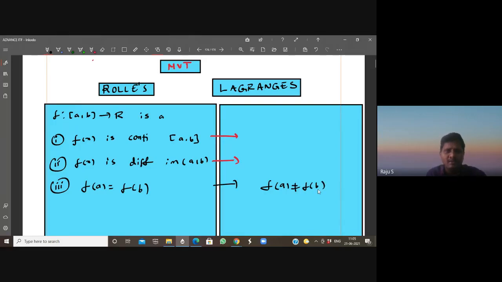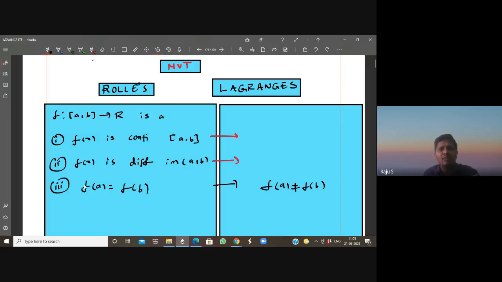Coming to the three points: first, continuous in closed interval; second, differentiable in open interval. The third condition in Rolle's is that at a and b the values of the function coincide. But in Lagrange's, at a and b, the values of the function need not coincide. That you have to remember.